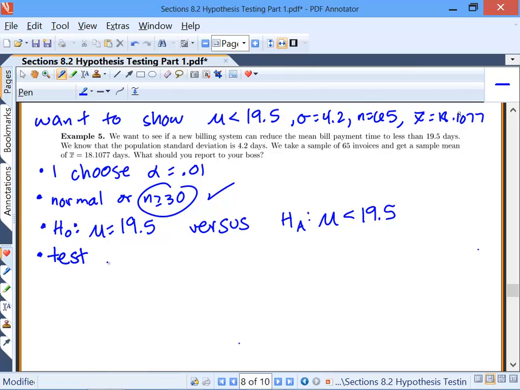I need a test statistic. So x bar minus my hypothesized mean over sigma over the square root of n.